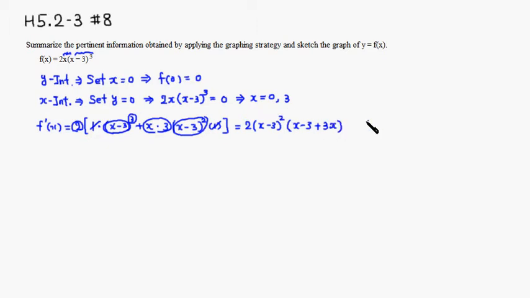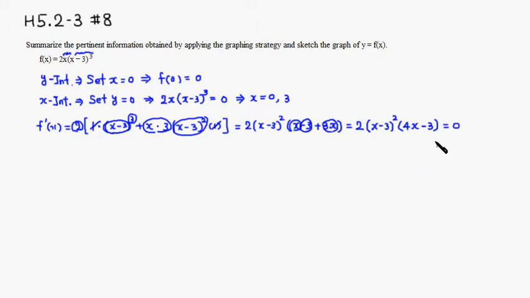To clean up a little bit, you get 2 times quantity x minus 3 squared. Combine x and 3x and you get 4x, then minus 3. Set that equal to 0 to find the critical numbers.